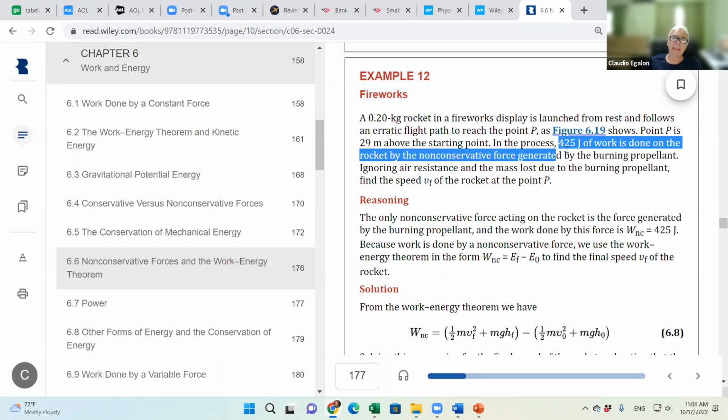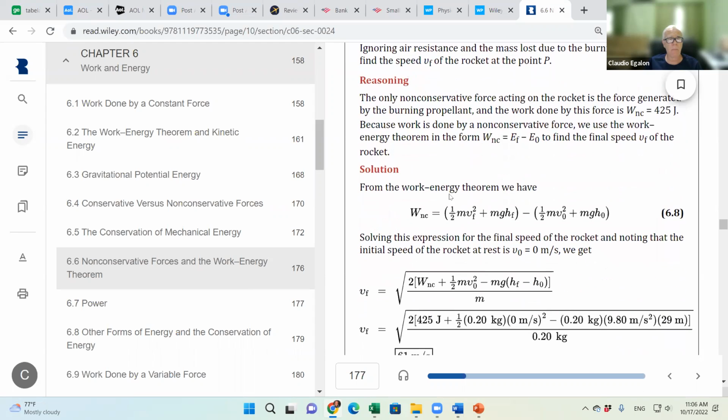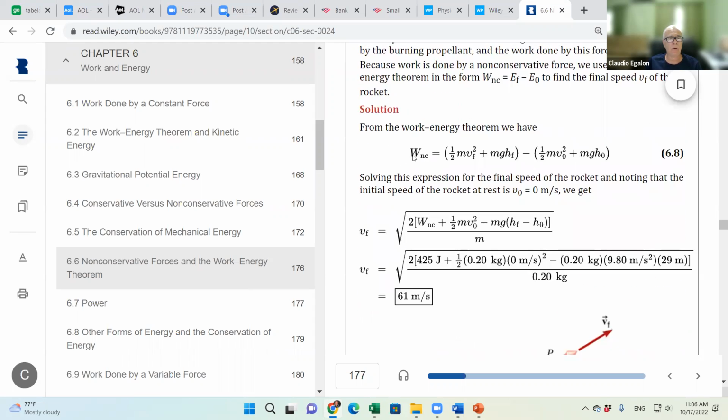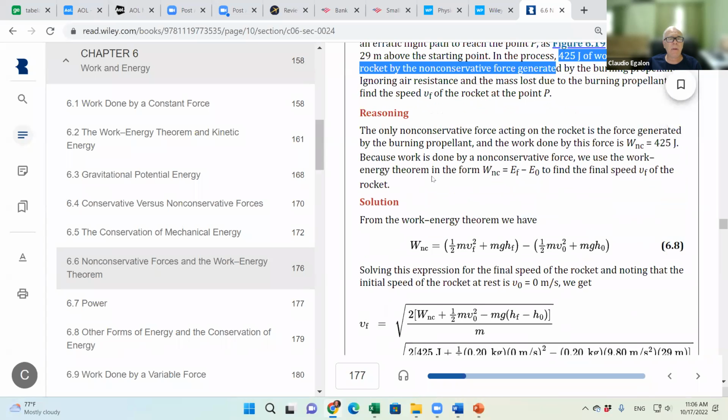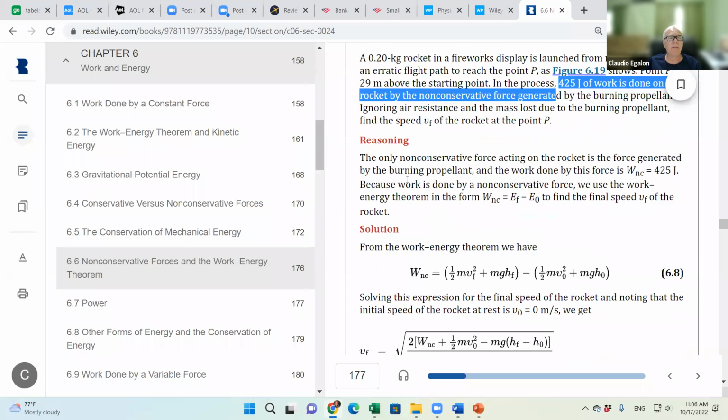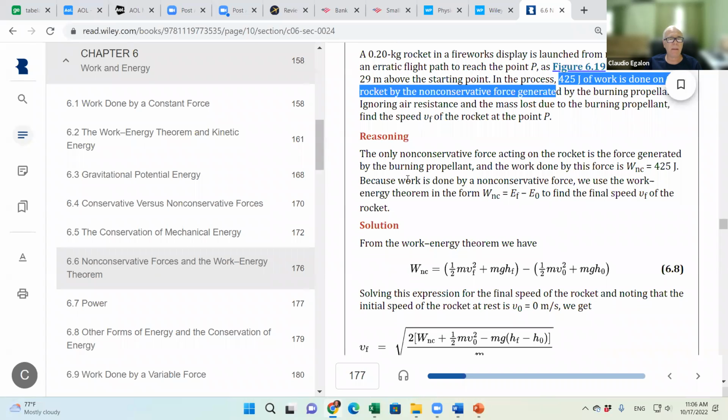It is adding energy to the projectile. Ignoring air resistance and the mass loss to the burning propellant, find the speed Vf of the rocket at point P. So here you go, the work done by the non-conservative force we know. And he wants the final speed at that height.